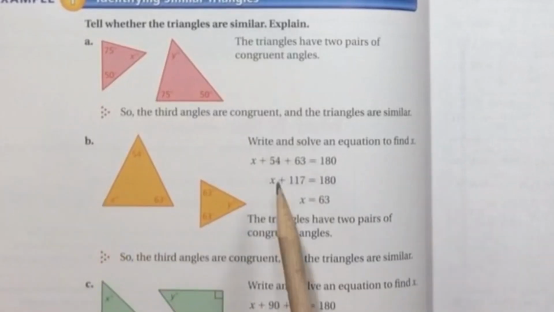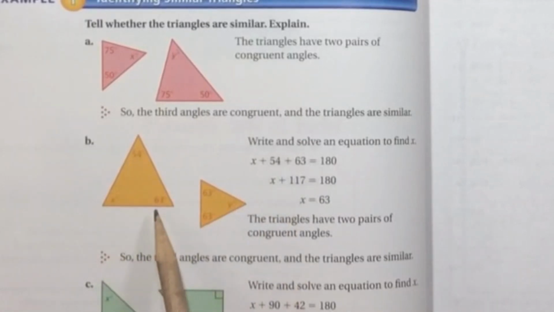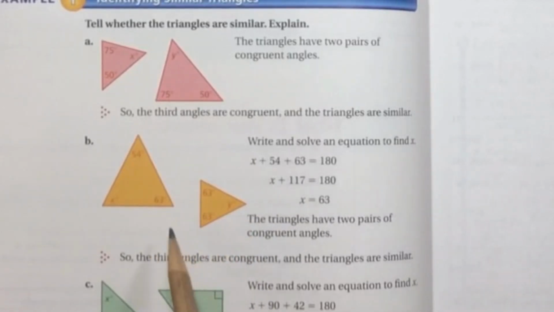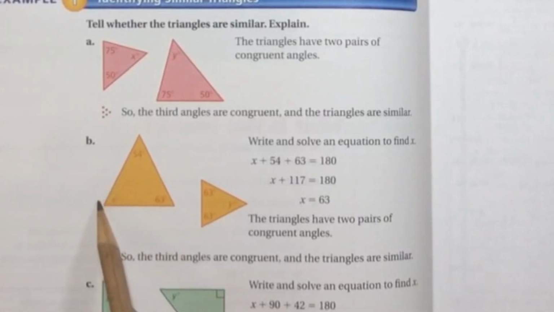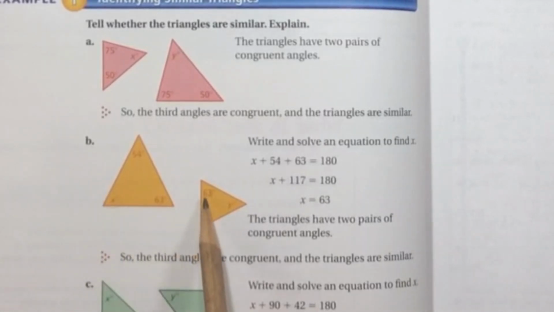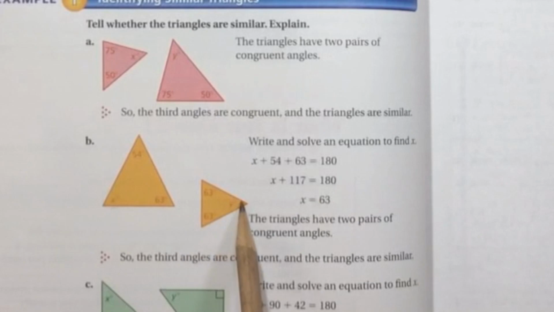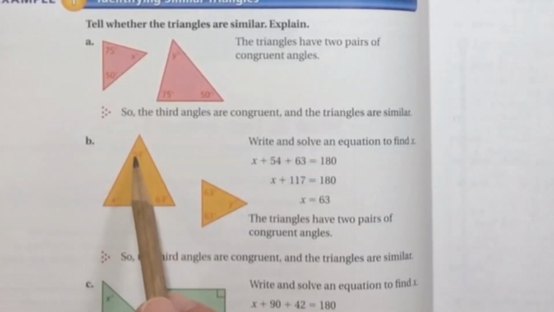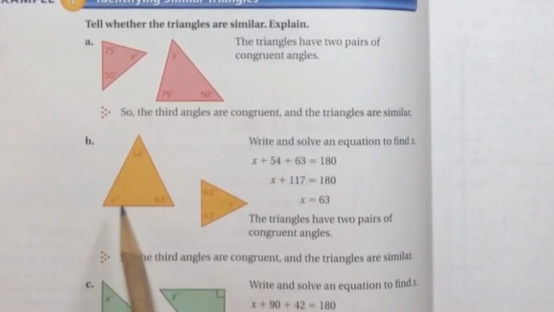For B, we have 54, 63, and x. And here we have 63, 63, and y. Now that doesn't necessarily mean these are not similar. We have to find out what x is, because this x could be a match to one of those 63s, and therefore the y would be matched to the 54. But let's just look at this triangle first. We have a 54, a 63, and an x.